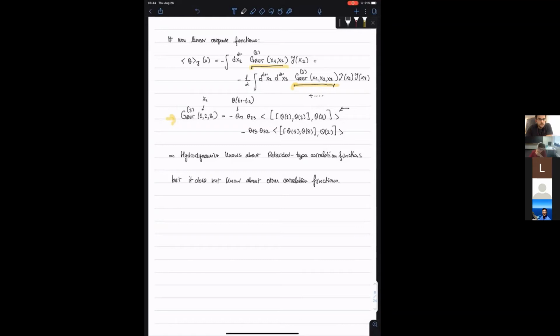For example, it does not know about the symmetric correlation function, the symmetric two-point function, which can be written in this way, which is like the symmetric combination of these operators.